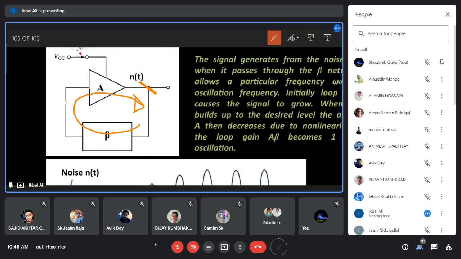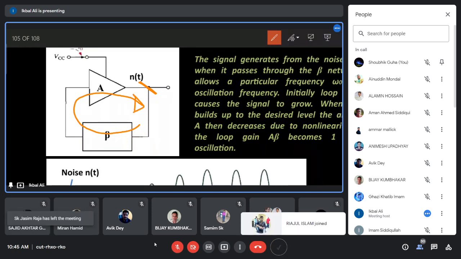For one loop journey, the noise signal will have the same value. It will not be amplified, but it will be filtered. A particular frequency noise signal will be there, but the magnitude will be the same. So for this reason, if you put A into beta equal to 1 initially, you will not get any signal at the output of the oscillator.